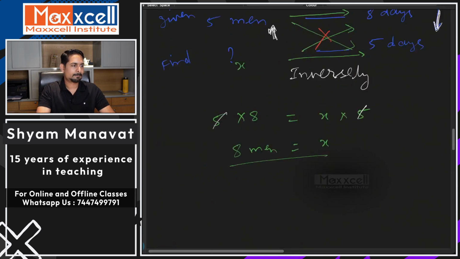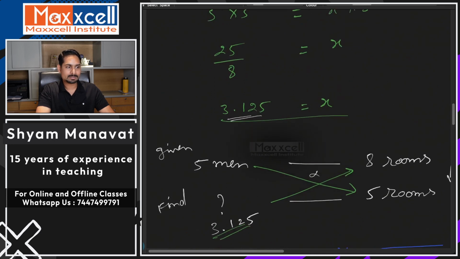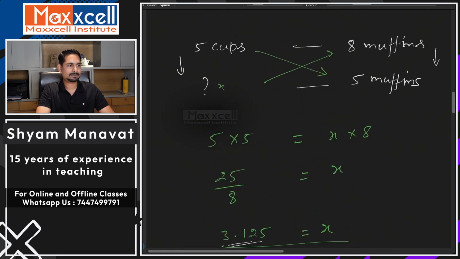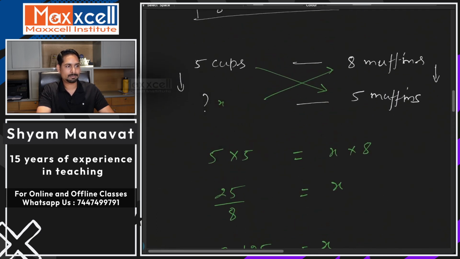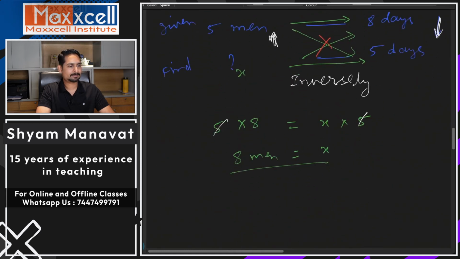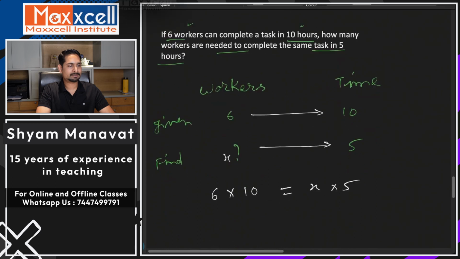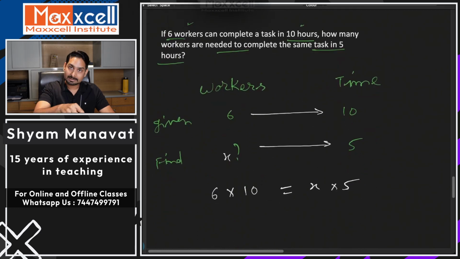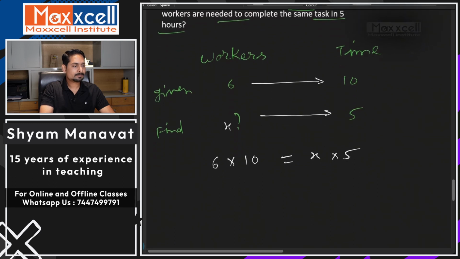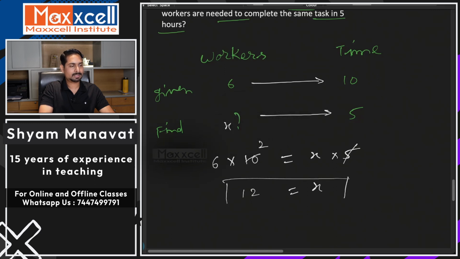In case of inversely proportional, under the chain rule, straight product is the same. Simplify. 5 2s are 10, 6 2s are 12. We got the answer, right?